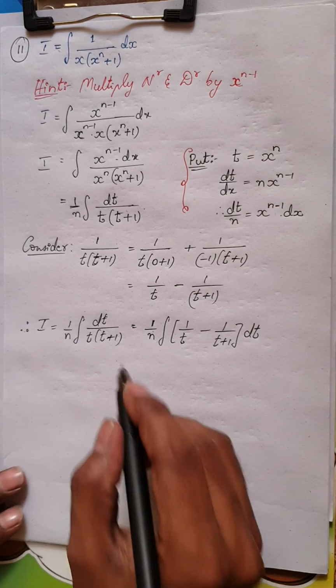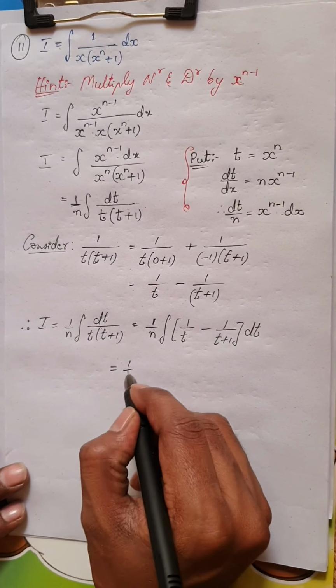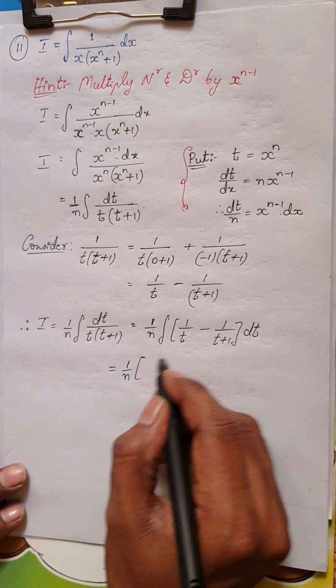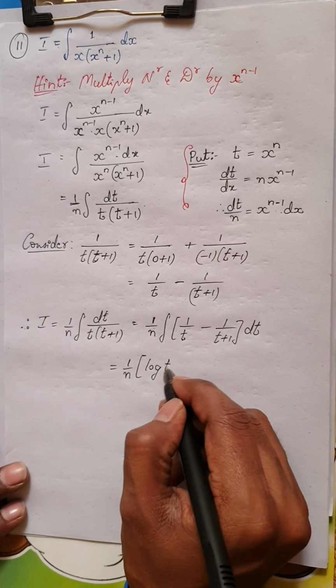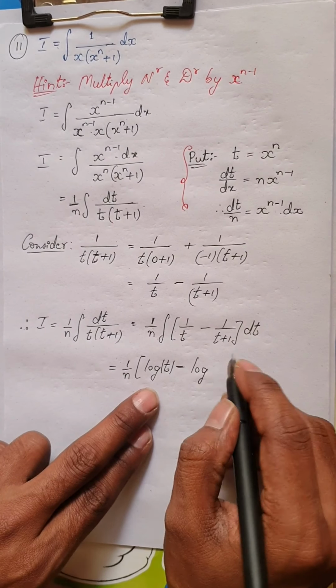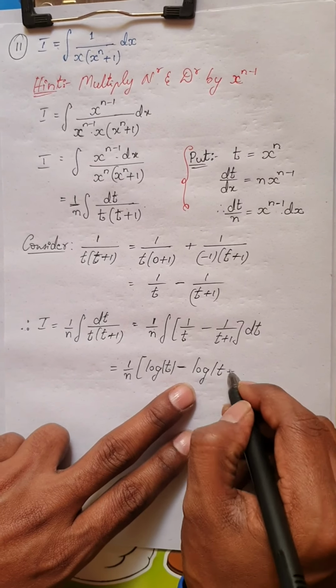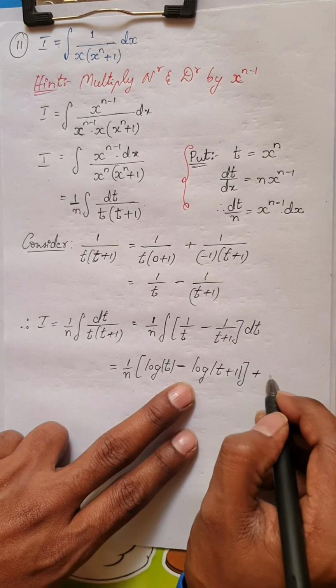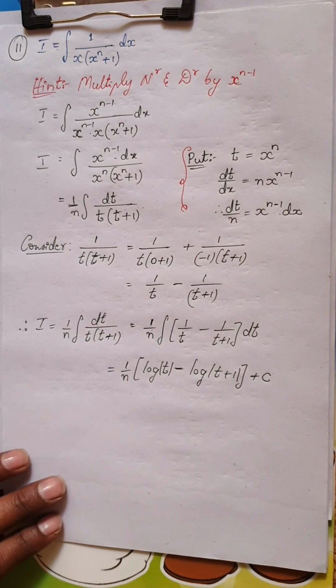Is it clear? Right. Now the integral of 1 by t is log of mod t, minus the integral of 1 by (t plus 1), which is log of mod (t plus 1), plus c, which is the constant of integration.